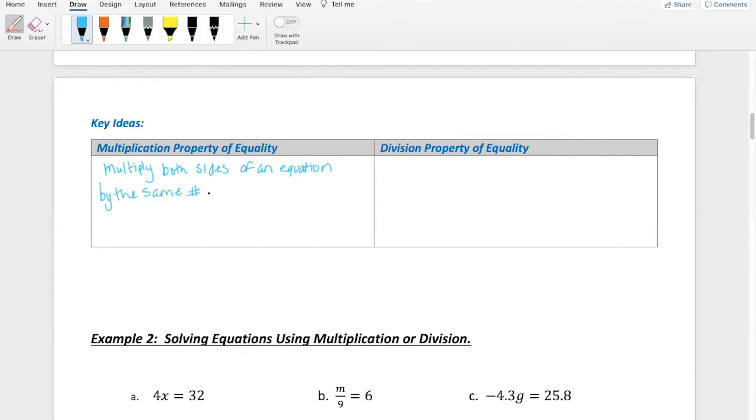And that will produce equivalent equations.